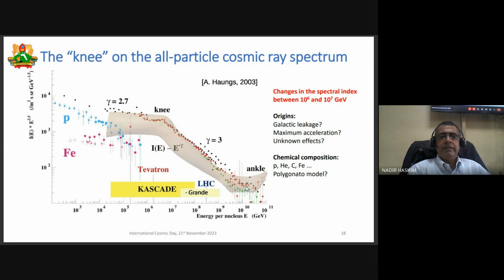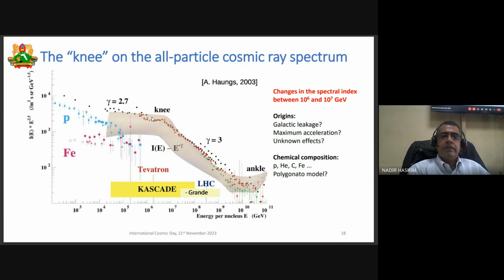Beyond the knee, it changes to 3. And then way beyond, at 10^19, 10^20 electron volts, we have the ankle on the spectrum. Scientists still don't know where there is an end to the spectrum. The origins of these phenomena could be galactic leakage, maximum accelerations, or some unknown effects.